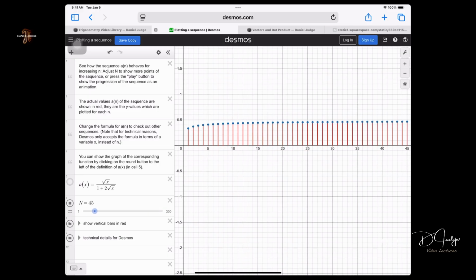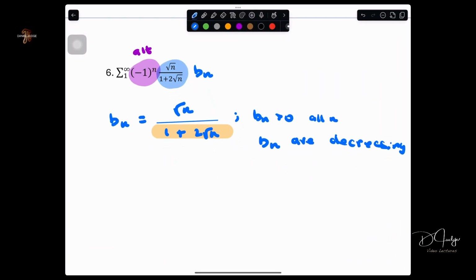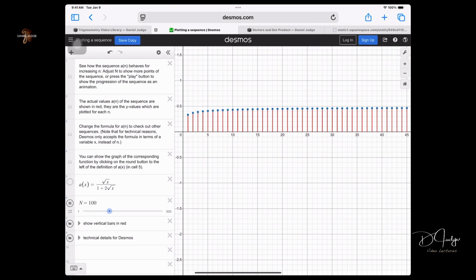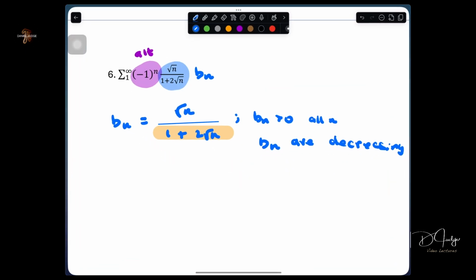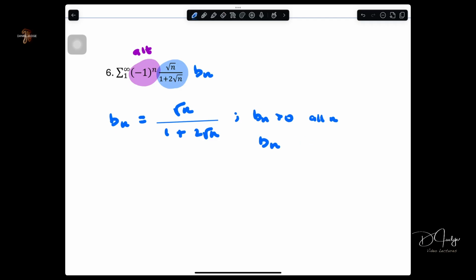we have an issue here. Does not look like that is actually happening. Okay, we got a problem here. The b_n terms are in fact increasing.